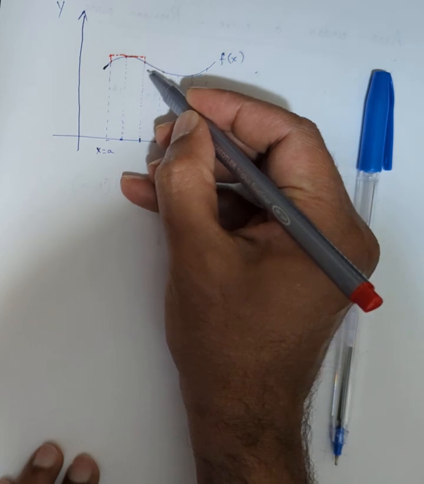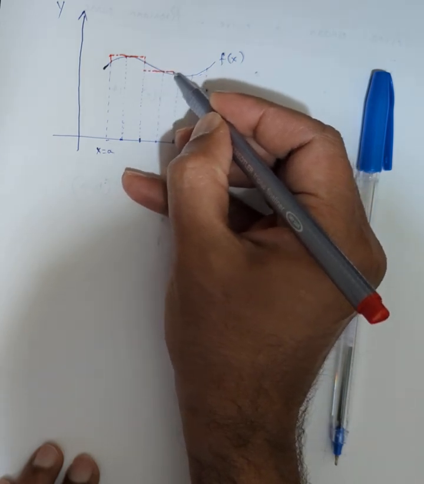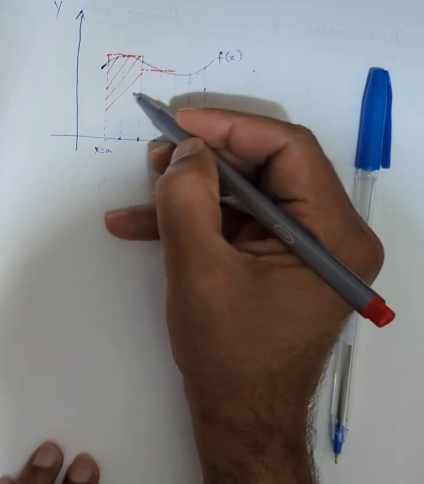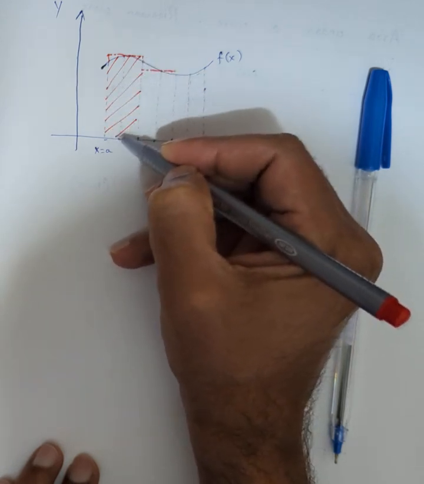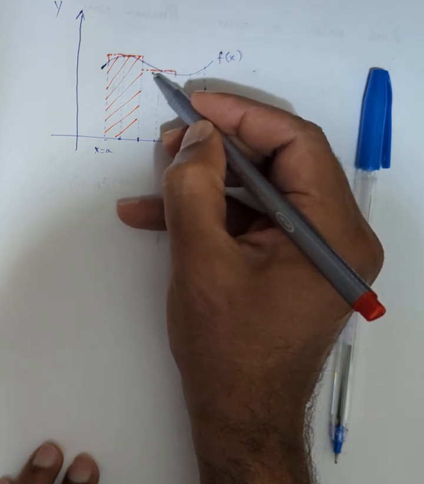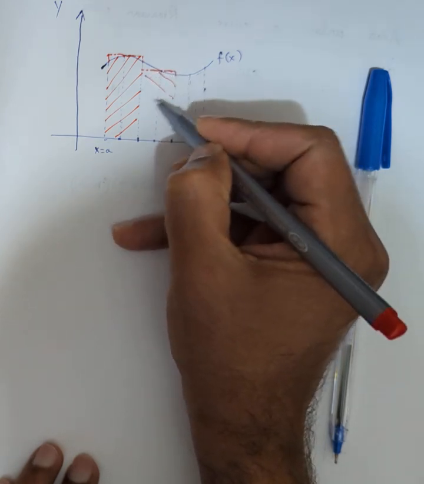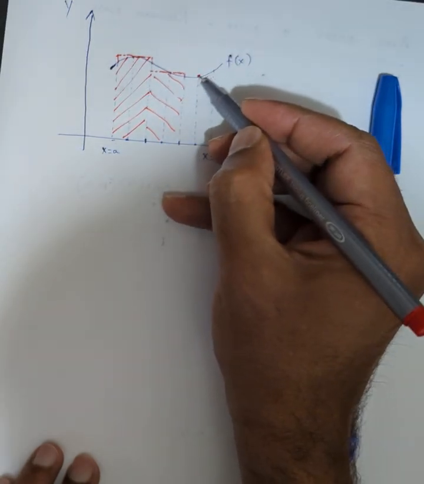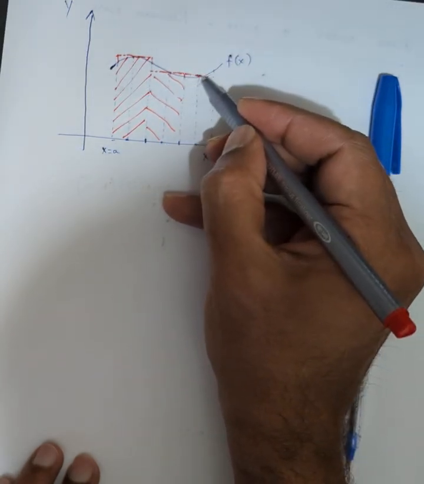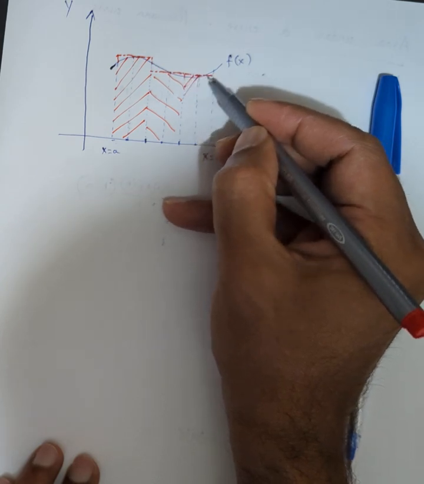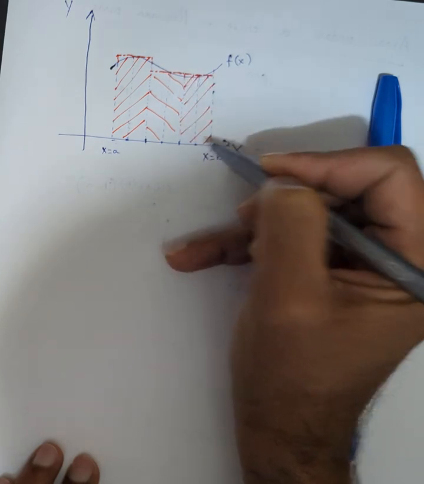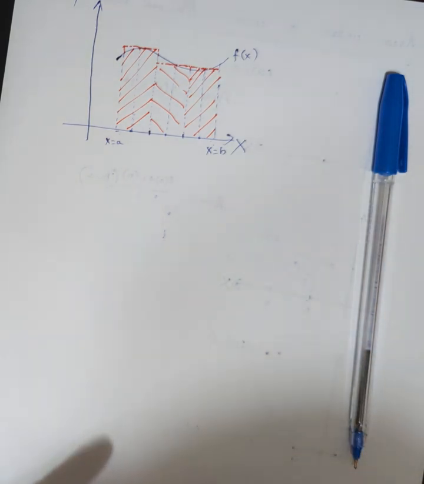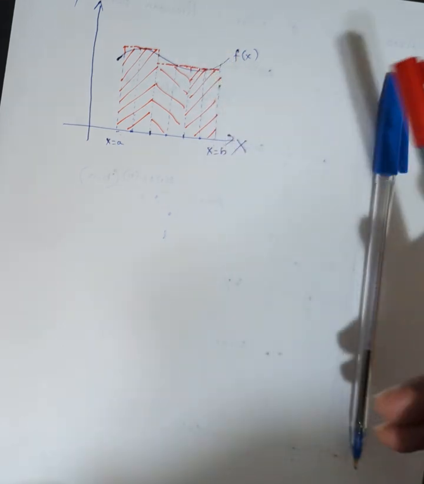And here it's going to be this. Then I'm going to evaluate the area under this rectangle. And for this, I'm going to draw another rectangle. So as you can see, I have approximated the area under the graph.